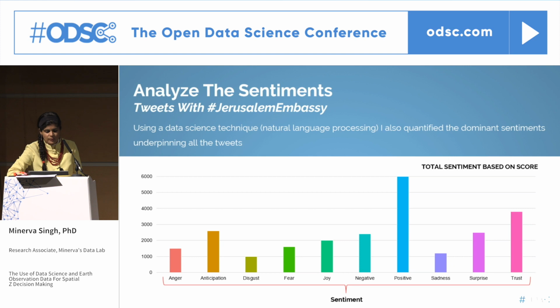So carrying on with the tweets that I harvested off Twitter, I analyzed the sentiments behind the tweets with the hashtag Jerusalem Embassy. I did so using a data science technique known as natural language processing, which enabled me to quantify the dominant sentiments underpinning all the tweets.